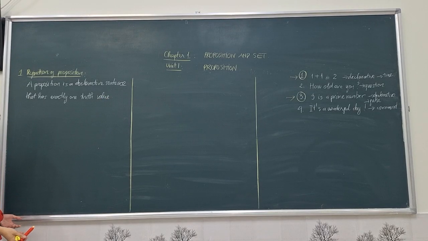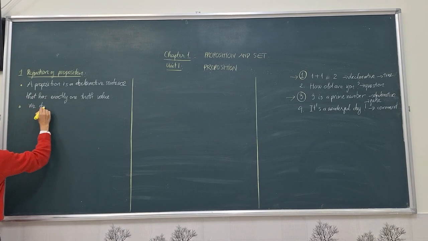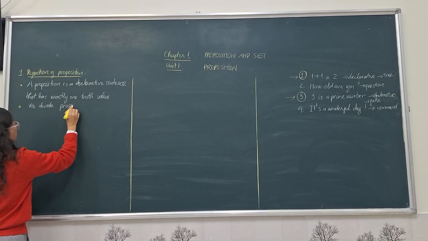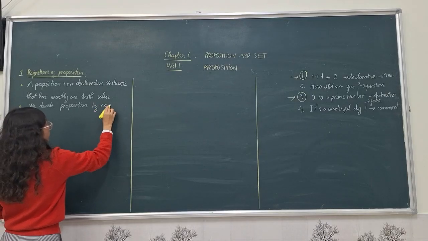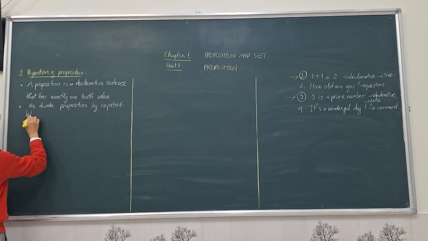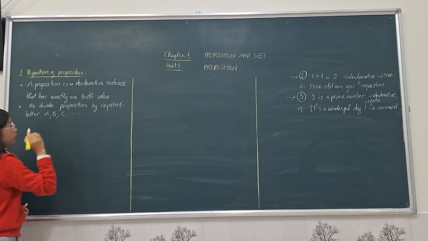We cannot be true and false at the same time, right? And we can denote a proposition by a capital letter: A, B, C, and so on.